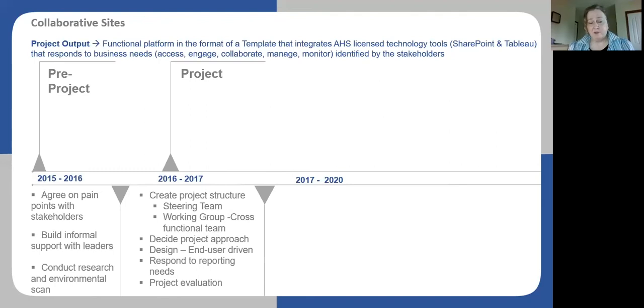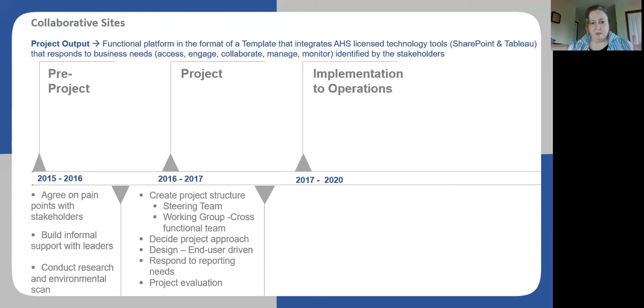The first cross-functional team of that nature, you'll see the structure in a bit, deciding on the project approach, designed to be agile and user-driven, and able to respond to reporting needs, and of course, never forget evaluation, because that was our feedback loop for continuous improvement.